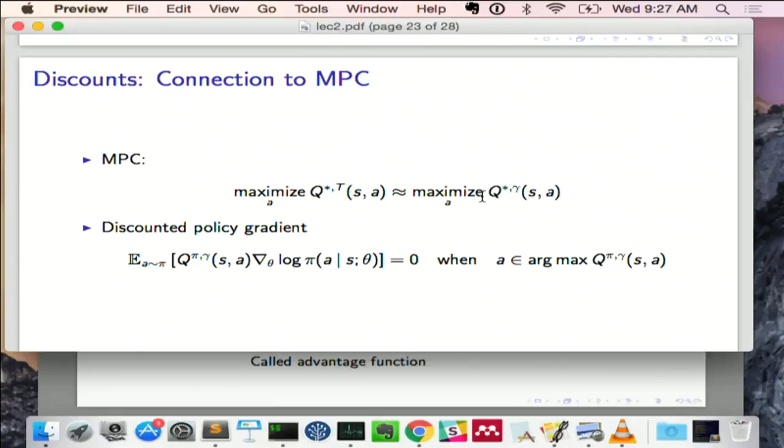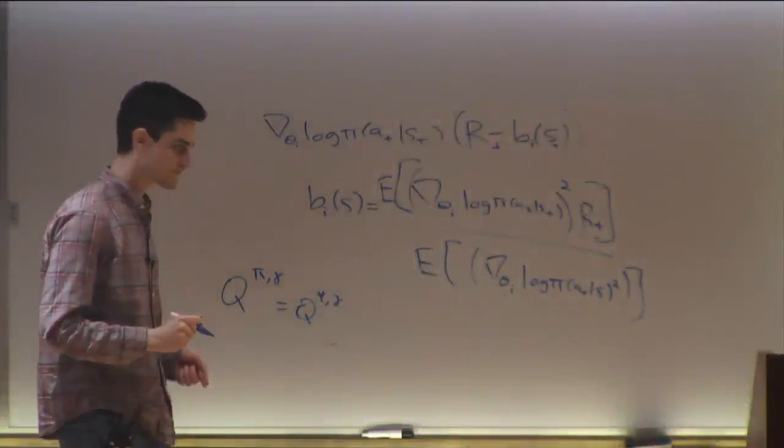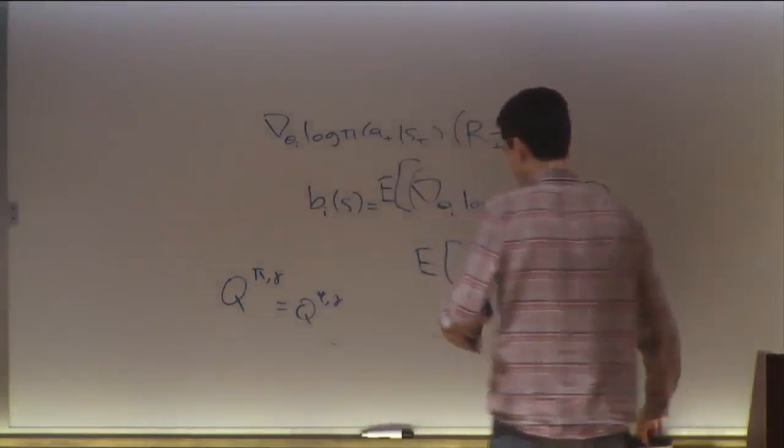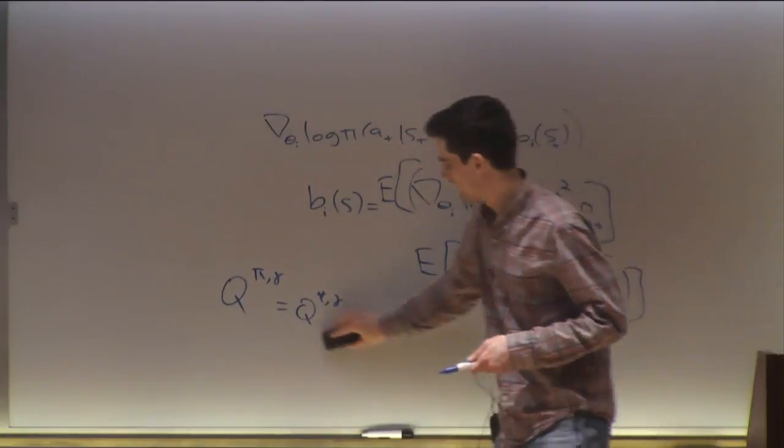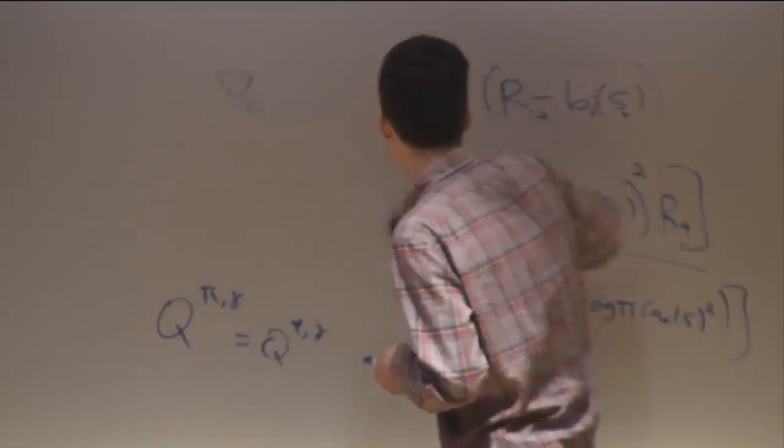So if the policy gradient with discount gamma equals 0, then you must have Q pi gamma equals Q star gamma, where Q star gamma is just the Q function of the optimal policy.